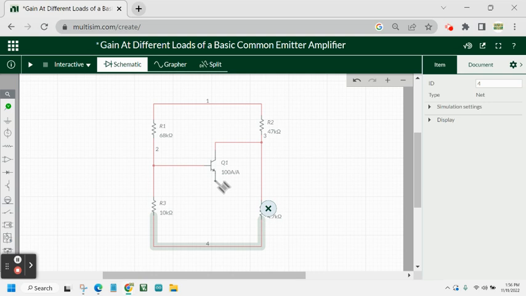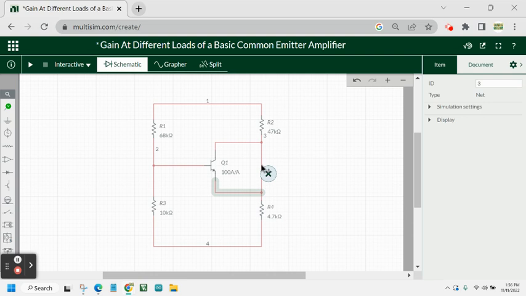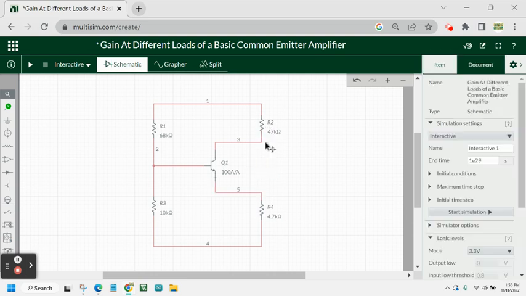And then the emitter will be connected to R4. I'm sorry, I need to cancel this wire because the collector is connected to the R2, the emitter connected to R4, and the base connected in between R1 and R3.